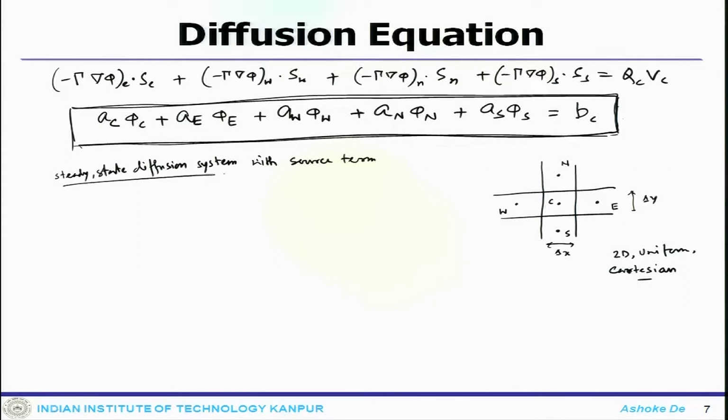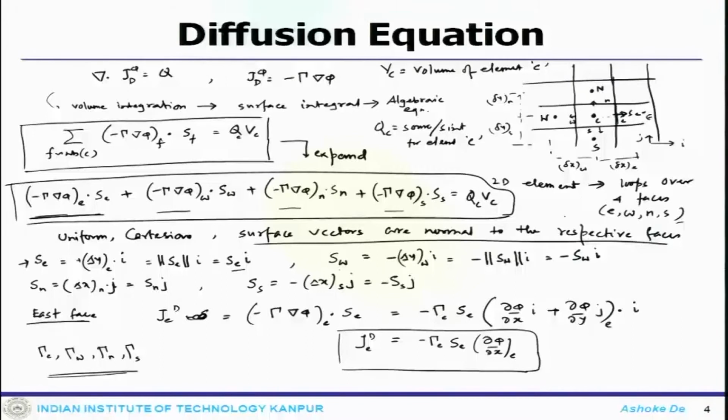The other notation we have used so far is the east face, north face, west face, south face, and once we do that we get all the vectors.